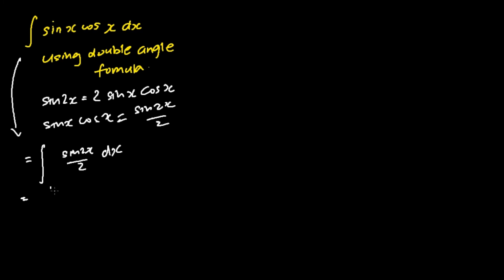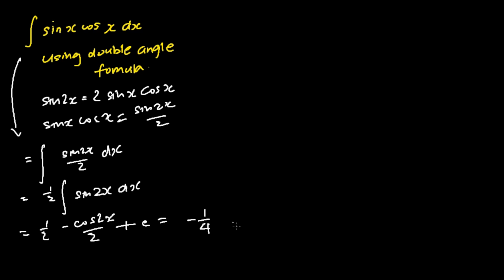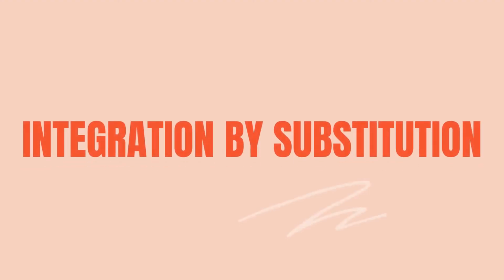We take out the constant half. We get half times the integral of sine 2x dx, in which evaluating the integral of sine 2x, we get the negative of cosine 2x over 2 plus c. And this is the final answer, which is negative 1/4 cosine 2x plus c.